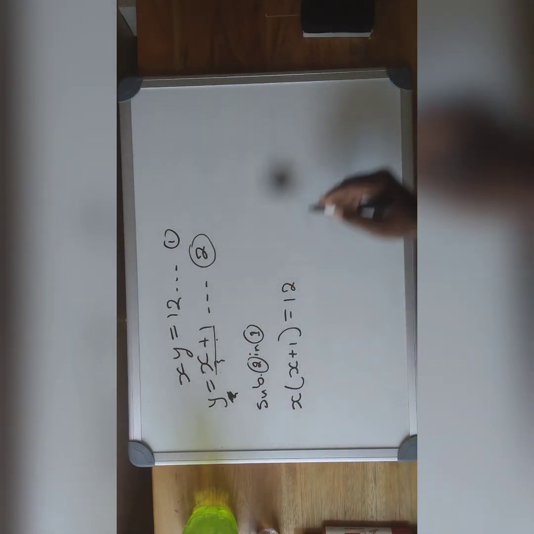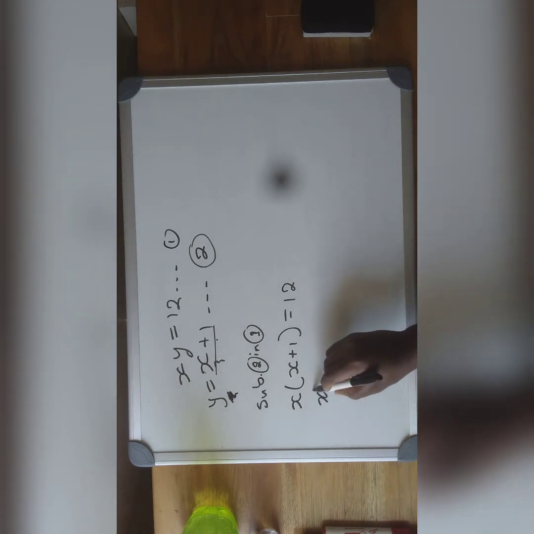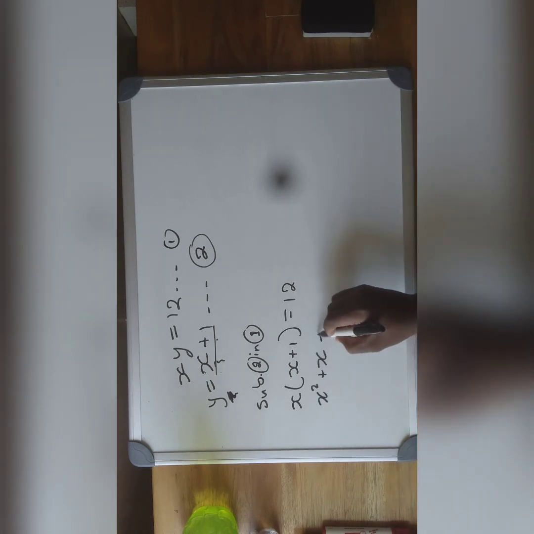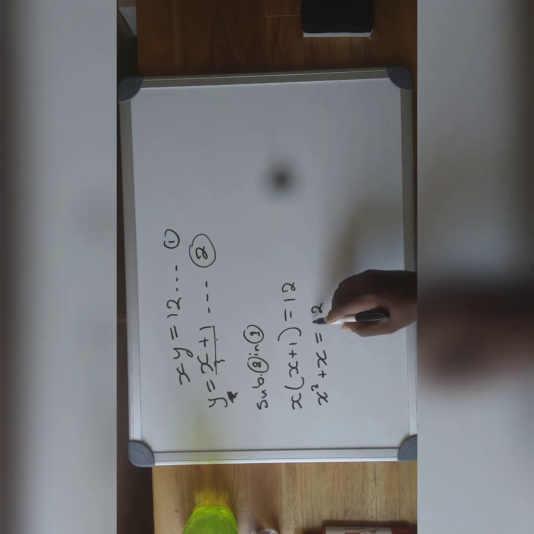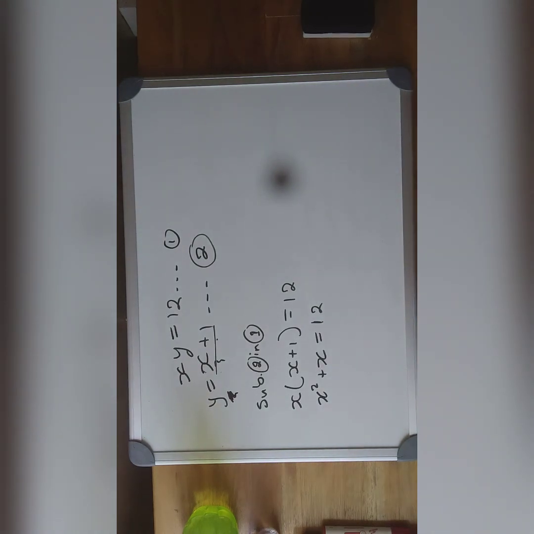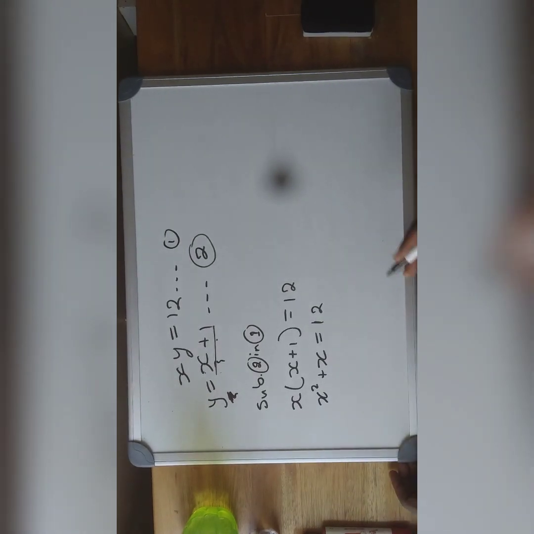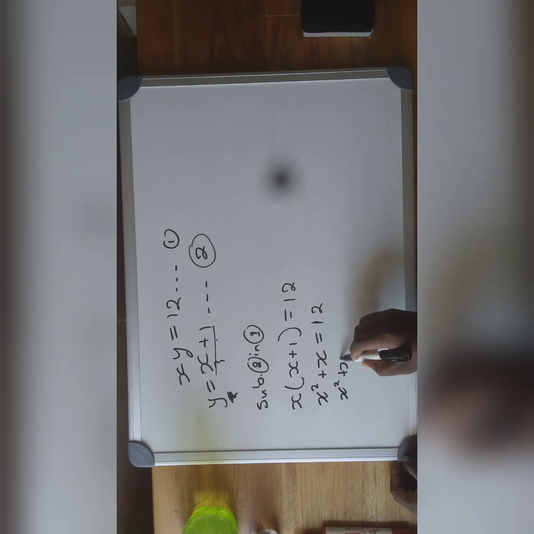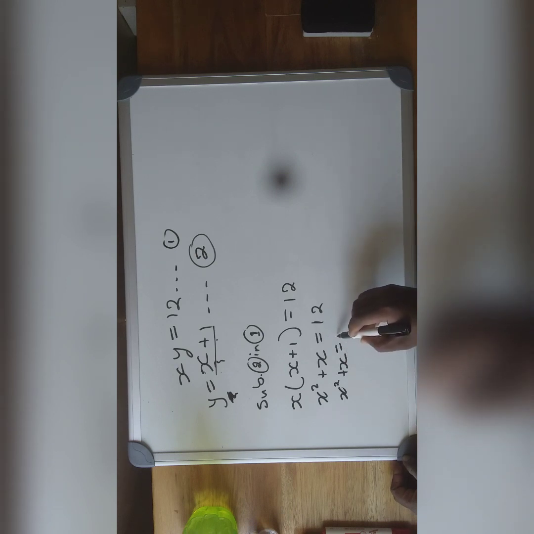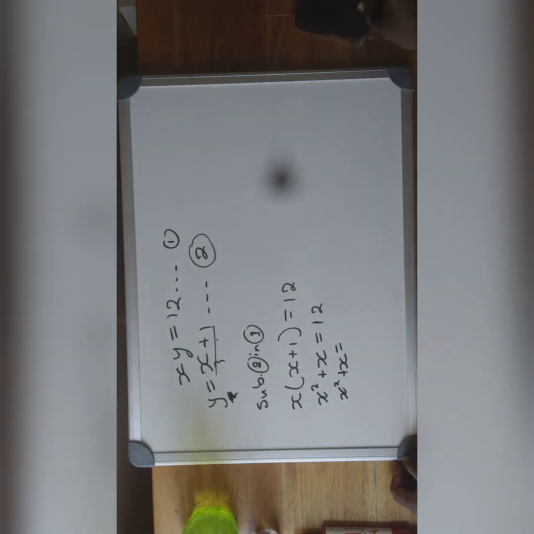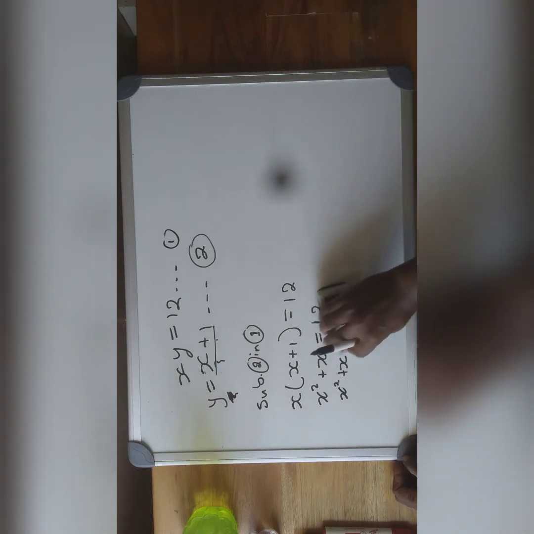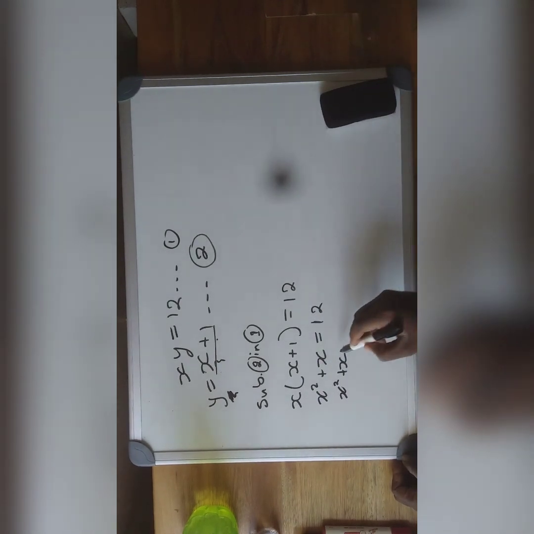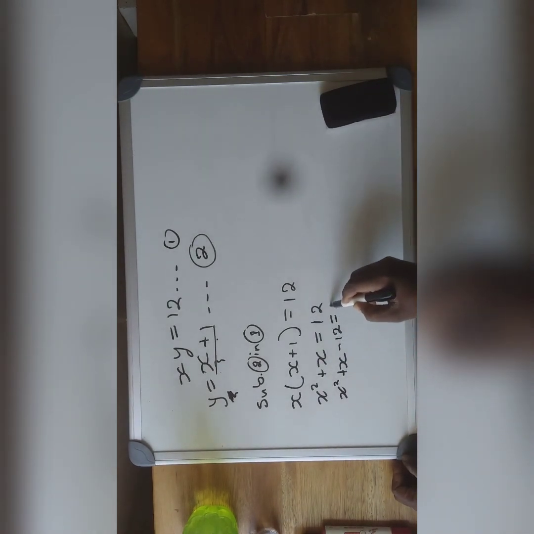Then from there, we simplify. x squared plus x is 12. After simplifying, now we're just going to solve everything, so now we're going to have x squared plus x minus 12 being equal to 0.